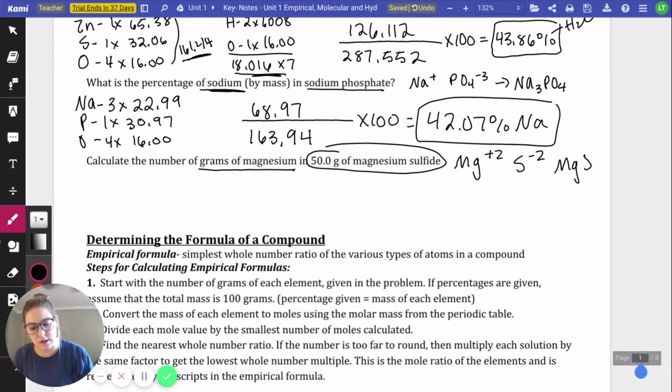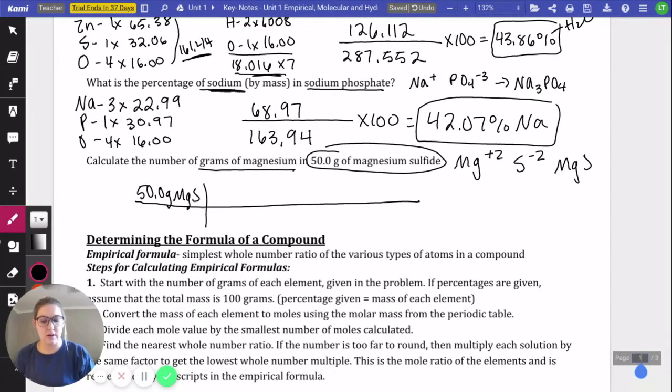Okay, so we're going to, number 1, take what's given. So I have 50 grams of magnesium sulfide. All right, if I have grams of magnesium sulfide, I need to drop that unit low. And I'm going to use my molar mass here. So that is 56.36 grams is my molar mass of magnesium sulfide.